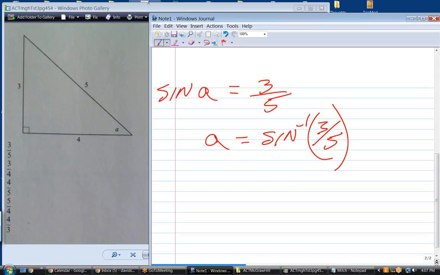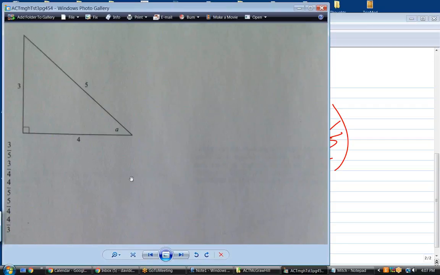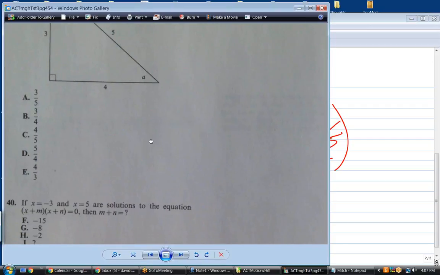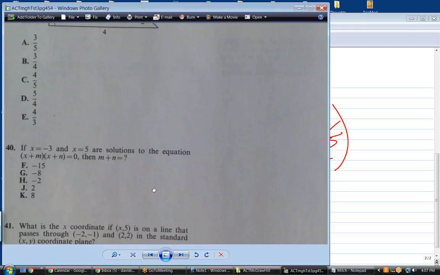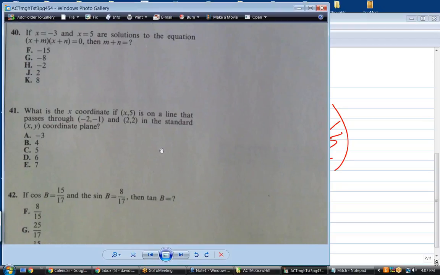But we will run into other trig questions. They just don't tend to be very hard. It's the trig you get before you actually take trig. You've taken trig, so you've had much more trig than the minimal needed, because the ACT is designed to be taken by somebody that's only gone through Algebra 2.